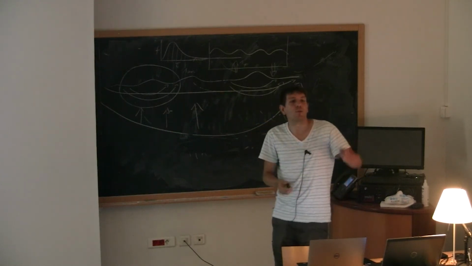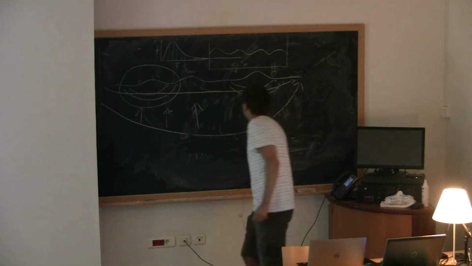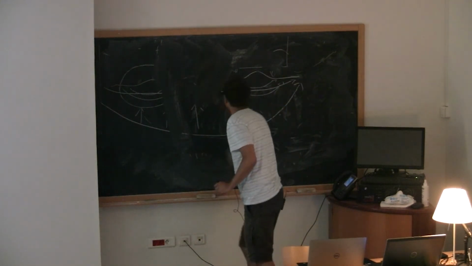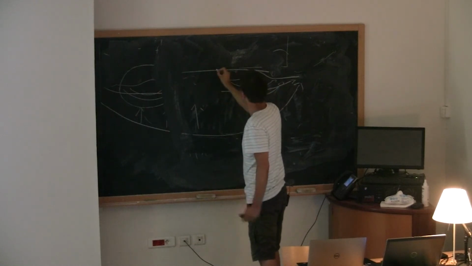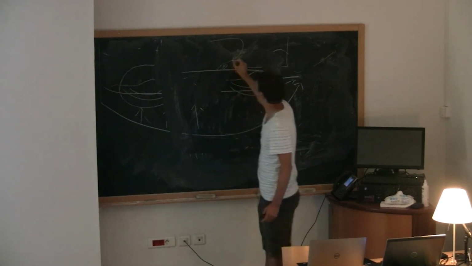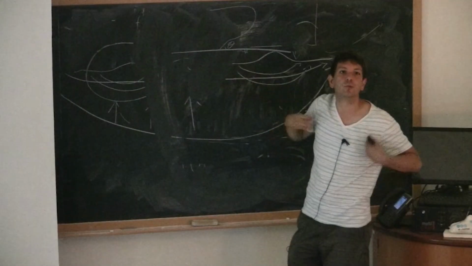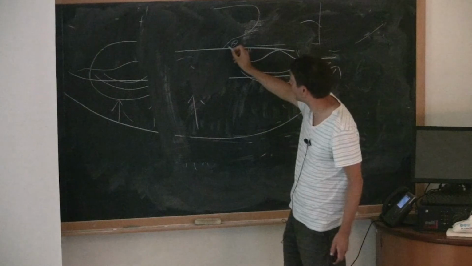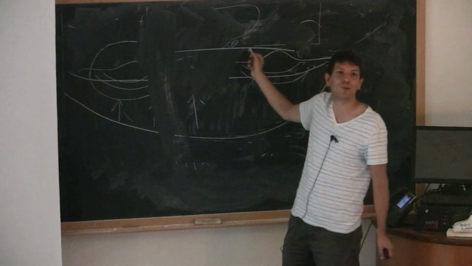Then you solve your flow. So here you have your interface, you apply your contact angle here, and you will have a bending, a viscous bending that is due to the flow. But still, at the solid surface, the contact angle you measured applies.